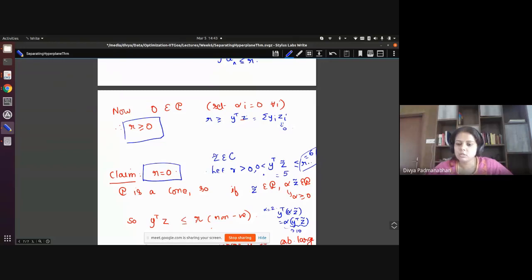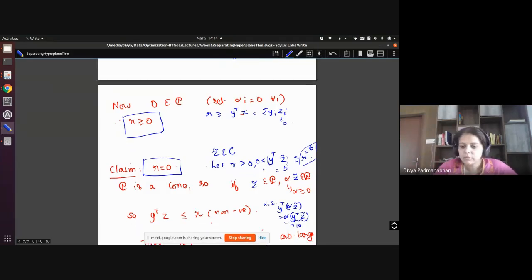Okay, good. Because we considered some such z tilde, for which this term is going to be greater than 0, and because C is a cone, any positive multiple you take of z tilde is also going to be in C. So any alpha times z tilde belongs to C. You can take alpha as large as you want.